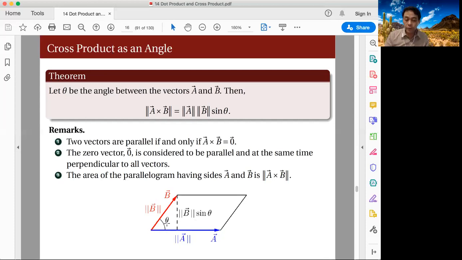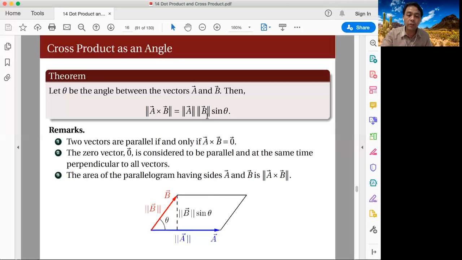That follows from our rules in trigonometry. And so the area of this parallelogram is the product of the length of the base and the length of the altitude. And that is exactly the formula that we have here in the theorem.